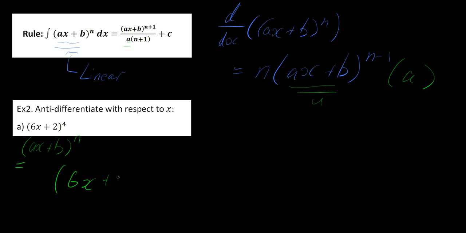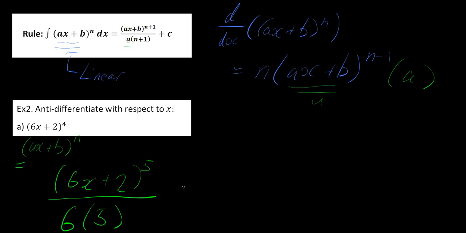So 6x plus 2 to the power of 5 now. And we get this from 4 plus 1. At the bottom, you just want to divide by a. A is 6. And n plus 1, and that's 5. Okay. And you can see that this one over here can be simplified to 6x.